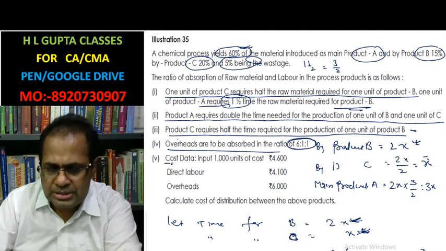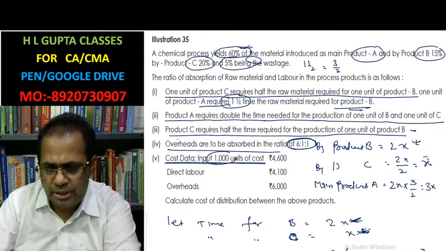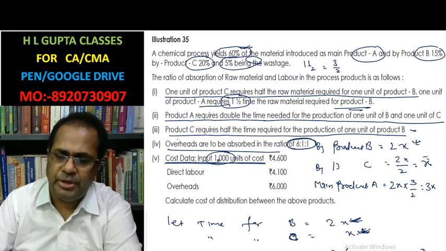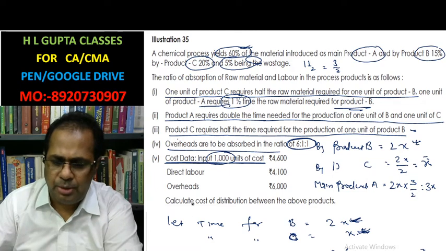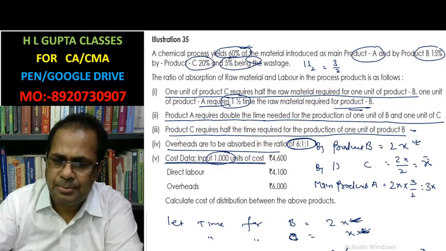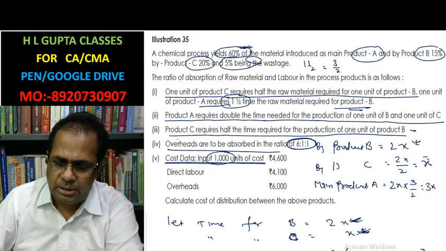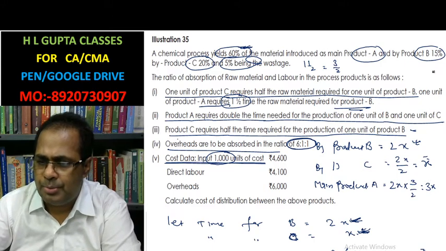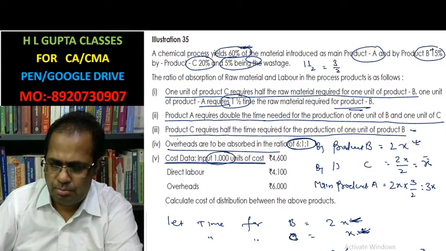Now the cost data for an input of 1000 units. If input is 1000 units, then A will produce 60% of 1000, that equals 600, B 15% of 1000, that is 150, and C 20% of 1000, that equals 200.